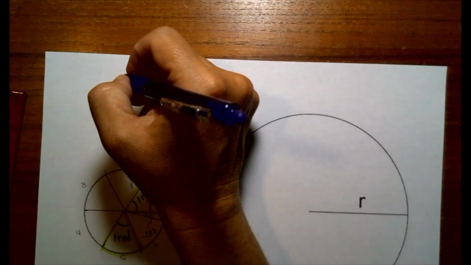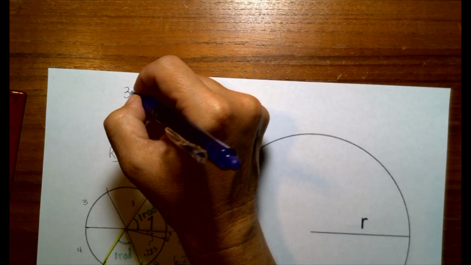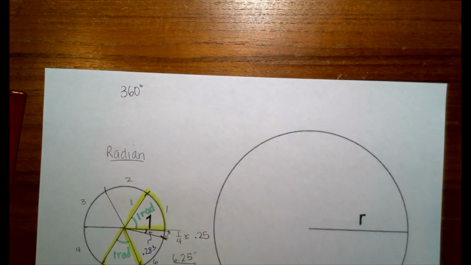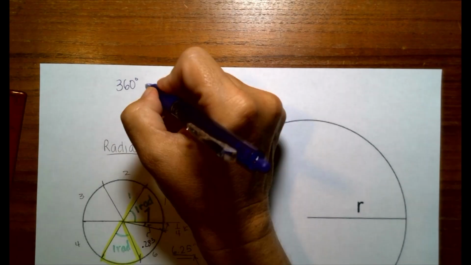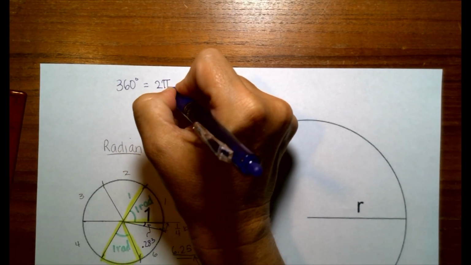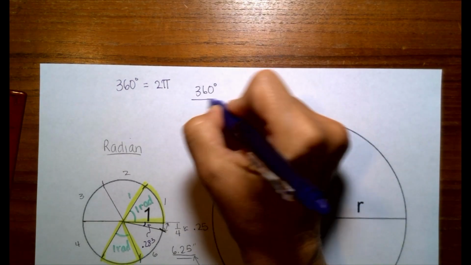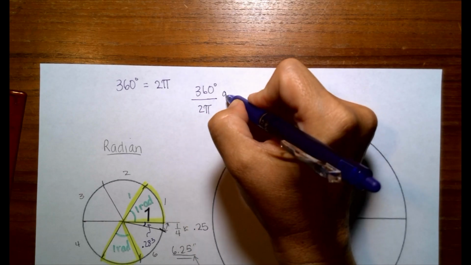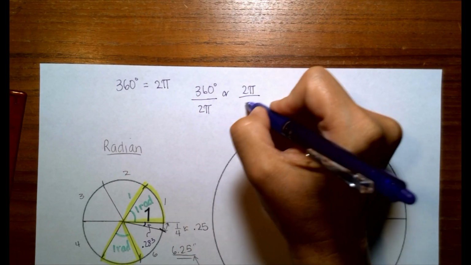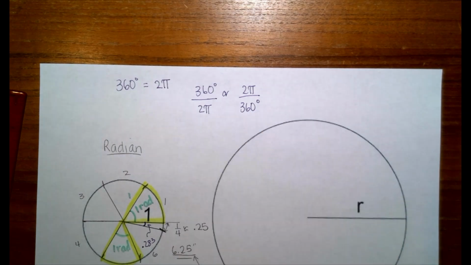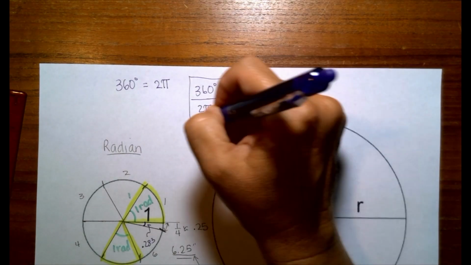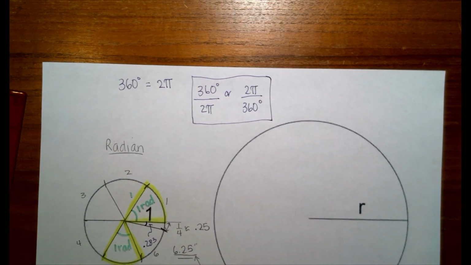So think of this: we have 360 degrees, which is all the way around the circle, and this is the same as 2 pi. So we can create these conversion ratios of 360 degrees to 2 pi, or 2 pi over 360 degrees. And this is the conversion ratio between degrees and radians.